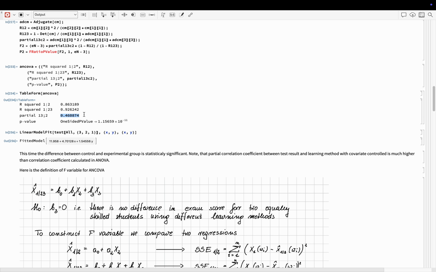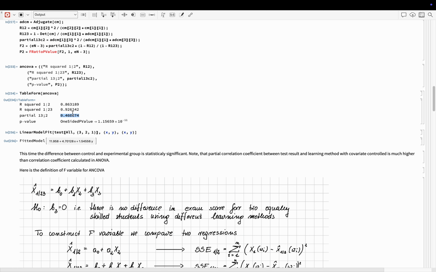This partial correlation coefficient, which says how strong the dependence is between the dependent variable and the experimental variable when we control the influence of the covariate, is 0.36.